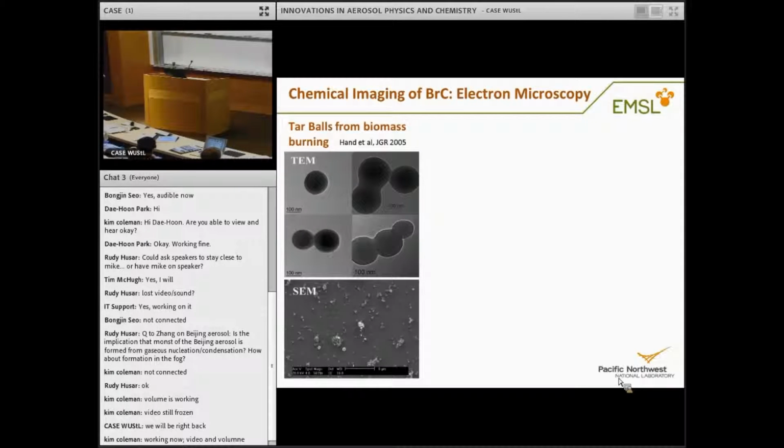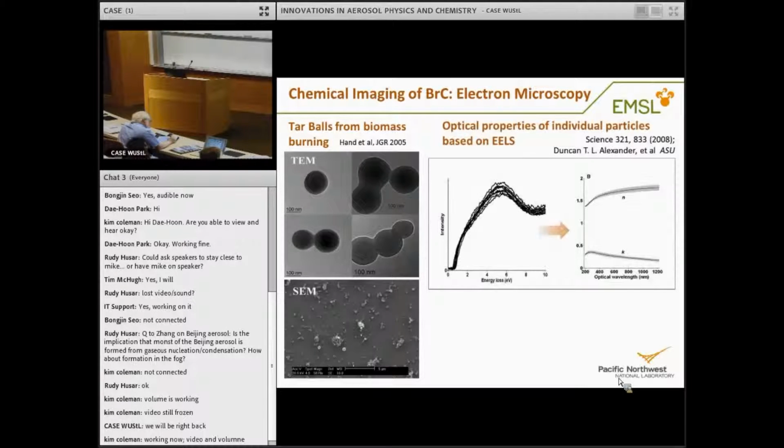What is nice about the application of this technique is, indeed, we can see the morphology of particles, we can see their size, we can see how abundant they might be in the population of the sample particles and so on. And then there was also a very clever and neat study where the EELS spectrum of these particles was converted, through some theoretical assumptions, directly to the refractive indices of individual particles, determined as a function of the optical wavelength.